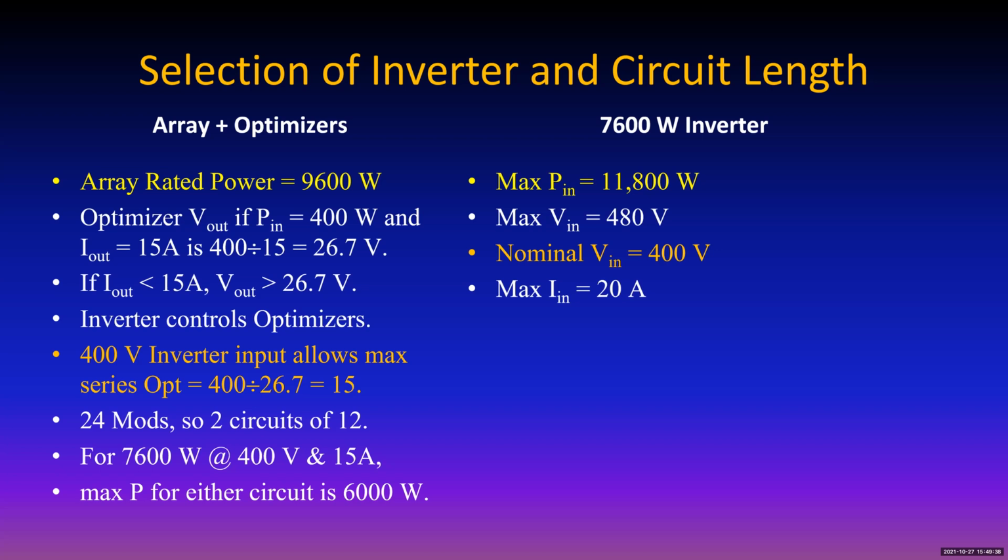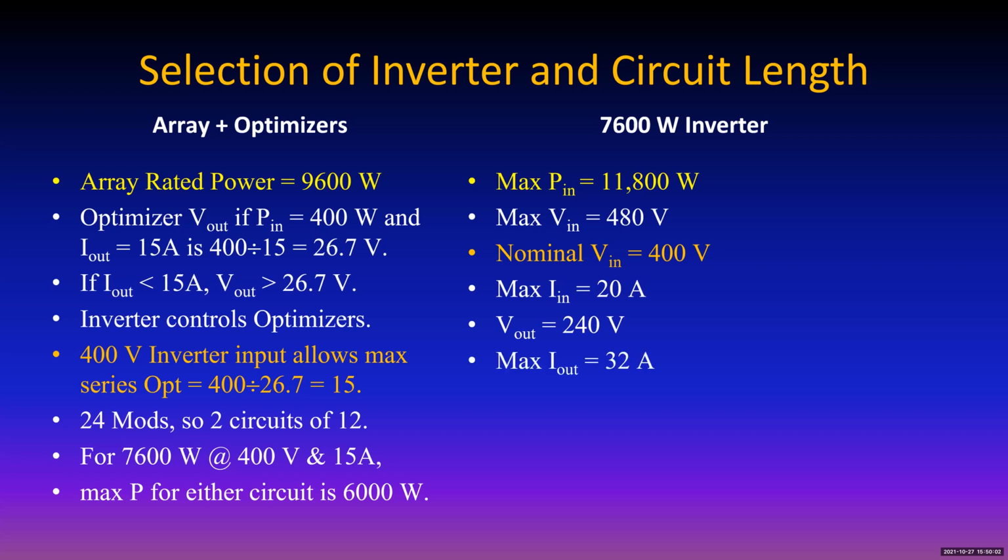No more than 20 amps input though. So 20 amps times 480 would be 9,600 watts, wouldn't it? But that's a 7,600 watt inverter, so you're not going to have 20 amps in and 480 volts in at the same time. You're not going to ever have more than 7,600 watts in.